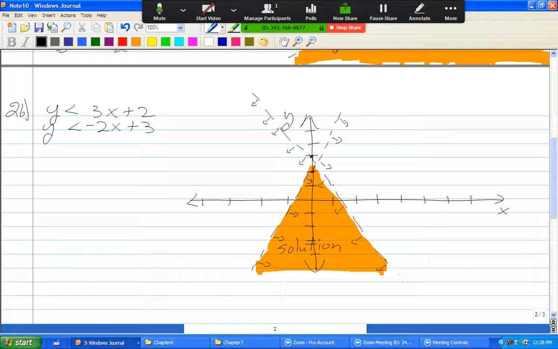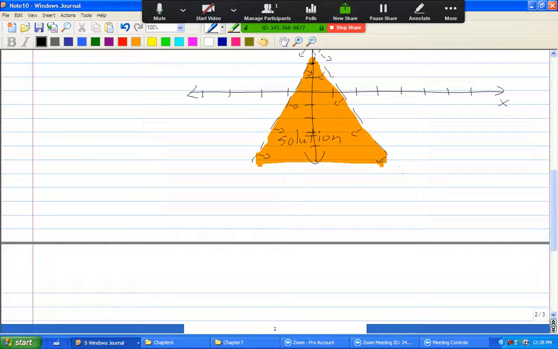Okay, let me do problem number 34. y is less than or equal to negative x squared plus 4 and greater than negative x plus 1.